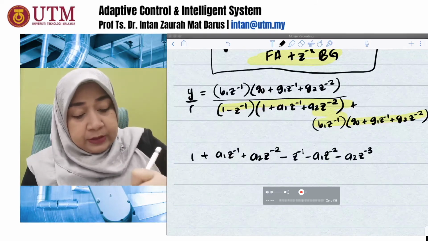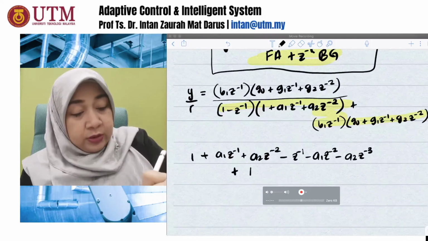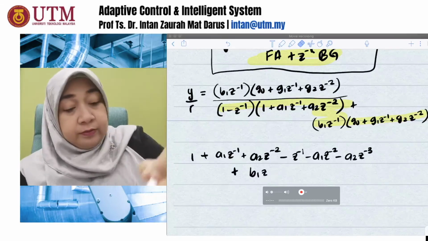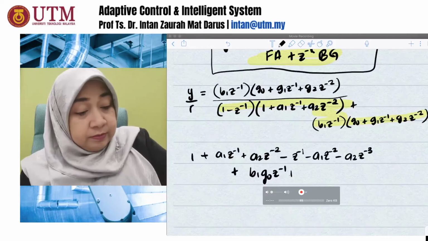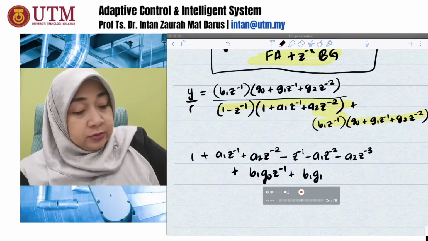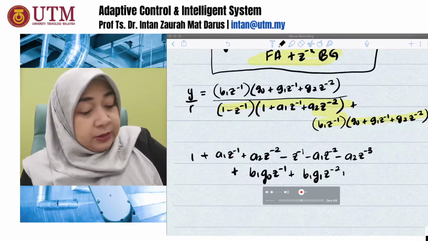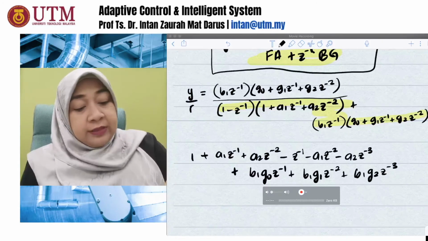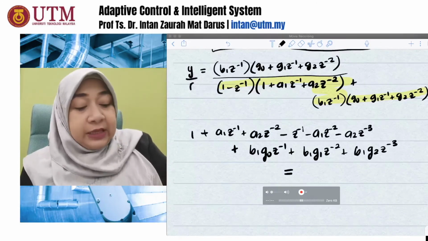Okay, plus, let me just write at the bottom here. I'm going to have b1 g0 z^-1 plus b1 g1 plus b1 g2 z^-3.